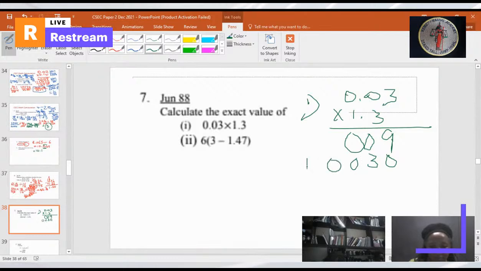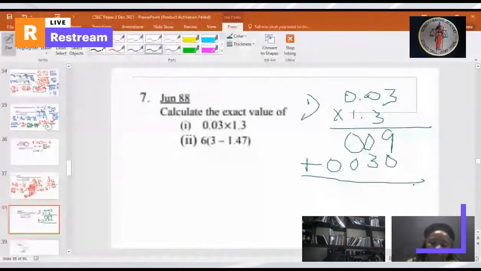All right, so what do we have down here now? Miss, 9 plus 0 is 9. 0 plus 3 is 3. 0 plus 0, 0. Miss, the answer is 39.